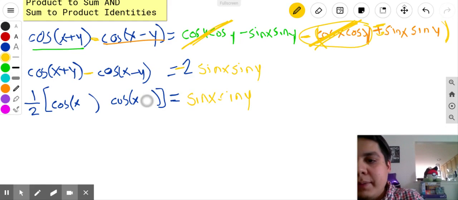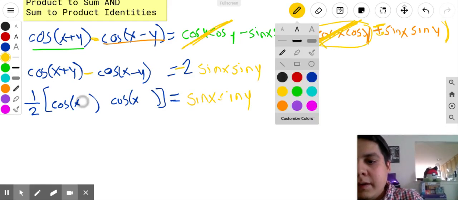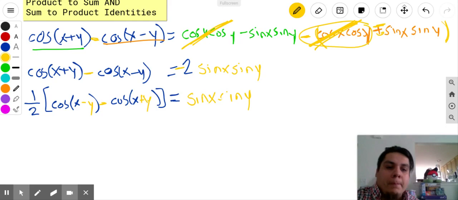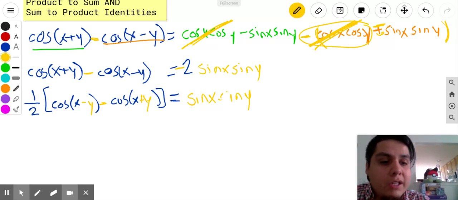It would now be cosine of x minus y minus cosine of x plus y. That's what changes when you subtract, because you're just flipping signs. So hopefully you follow through the sign flips, and if not, follow along with your own notes. See how that helps.